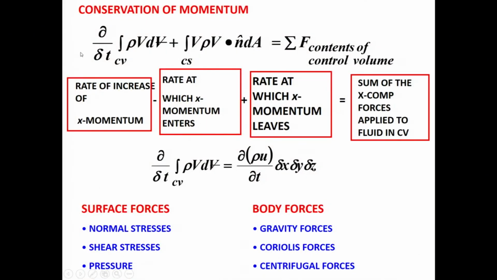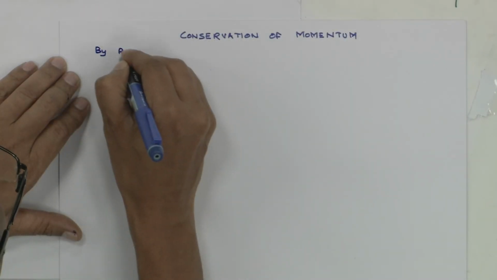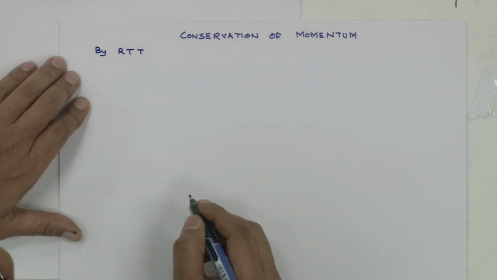If you just shift to slides, we are going to write the same Reynolds transport theorem. By Reynolds transport theorem, conservation of momentum. So let's get back to our writing. I will not write Reynolds transport theorem, I will just write RTT.